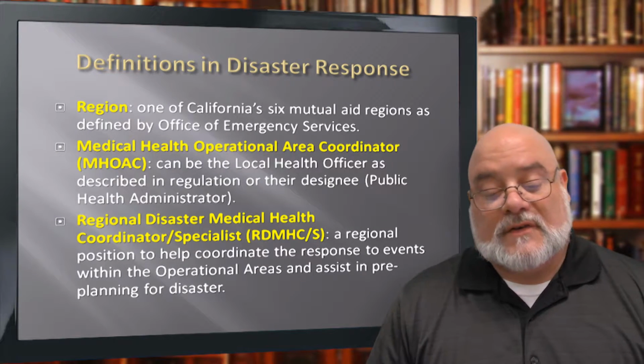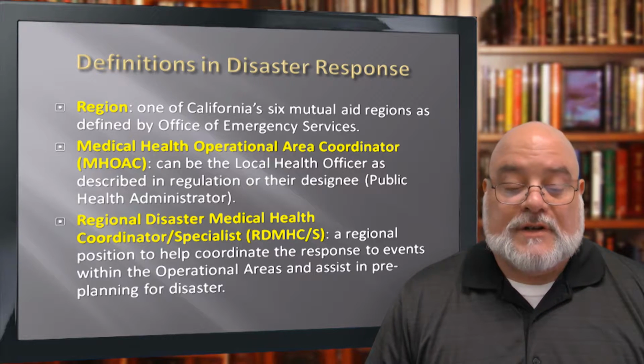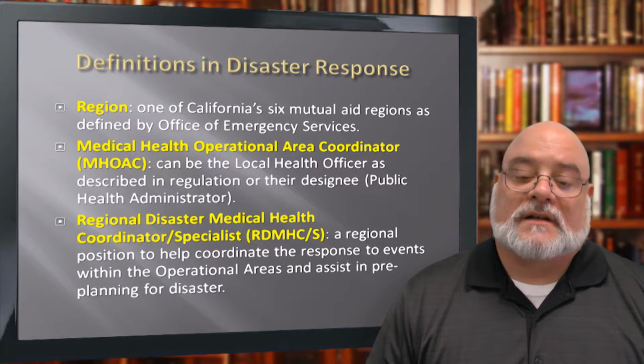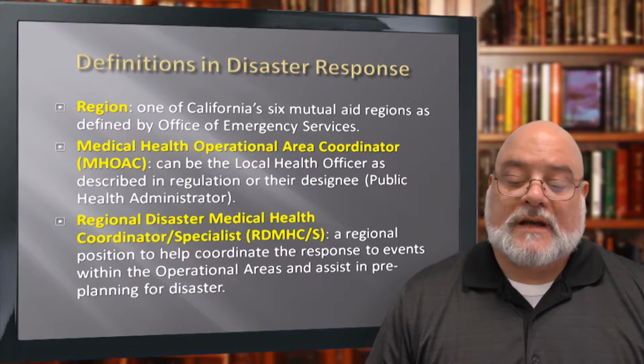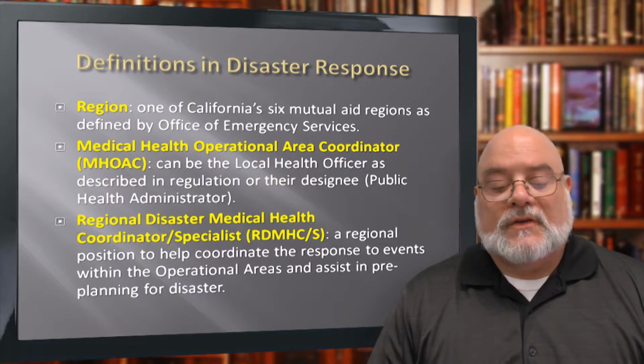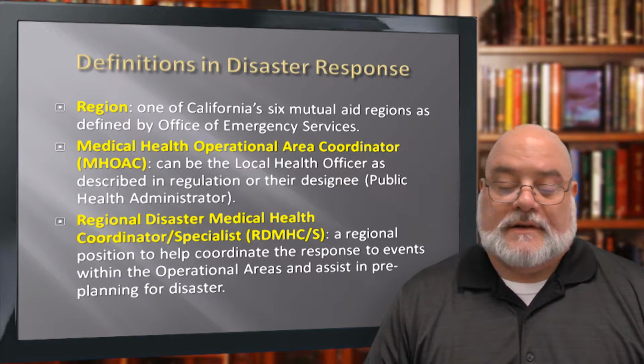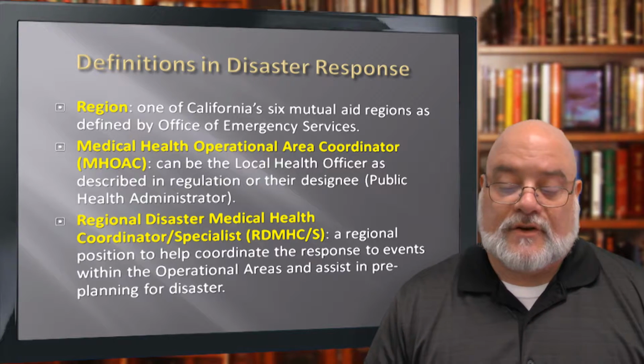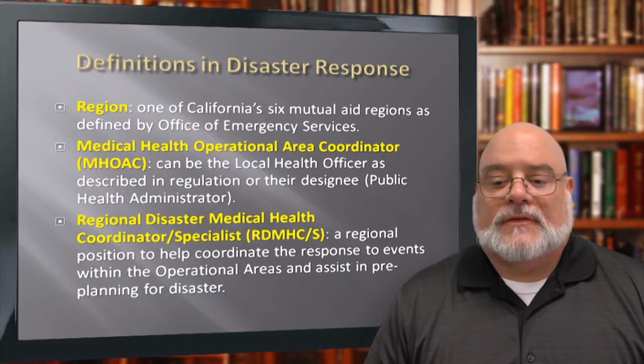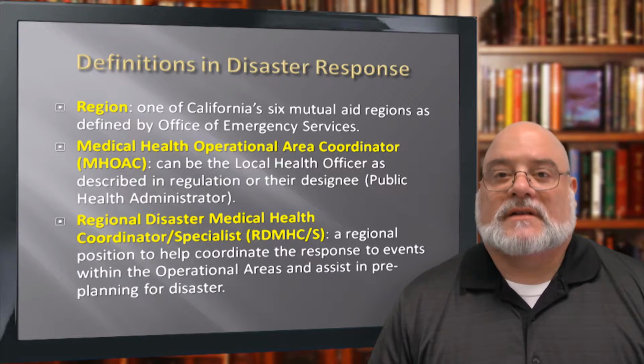Region, we've talked about this already. Region 3, which is where NorCal is, is one of 6 mutual aid regions as defined by the Office of Emergency Services. So, the MHOAC, or the Medical Health Operational Area Coordinator, serves a vital role at the county level.